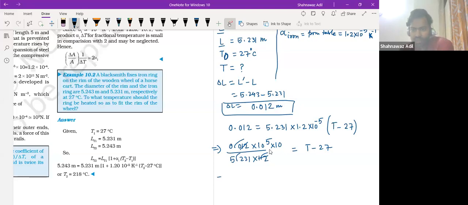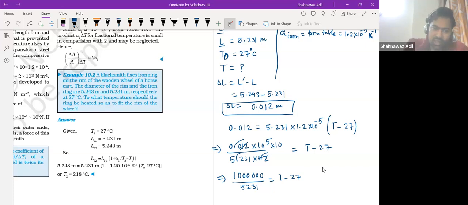This is 10 to the power 6, so 133 divided by 5231. How much is this? It comes to 191.16.